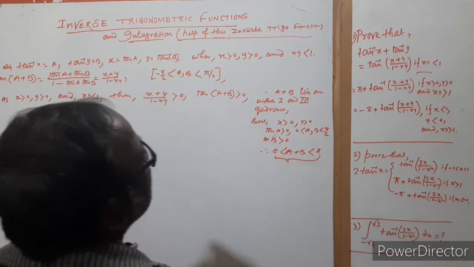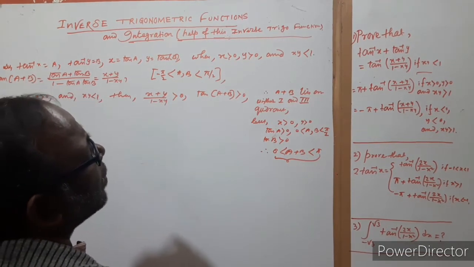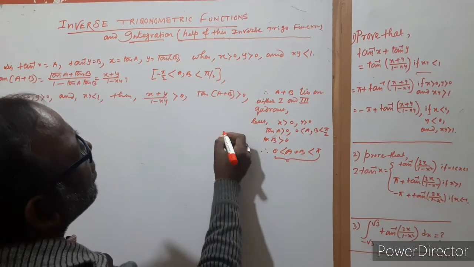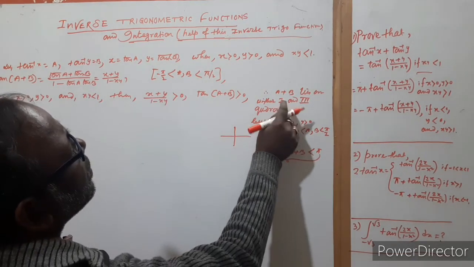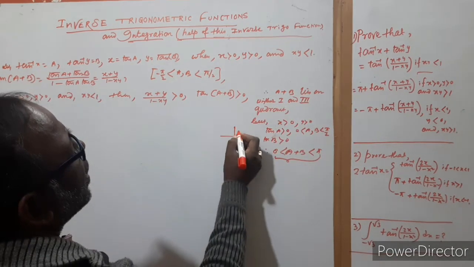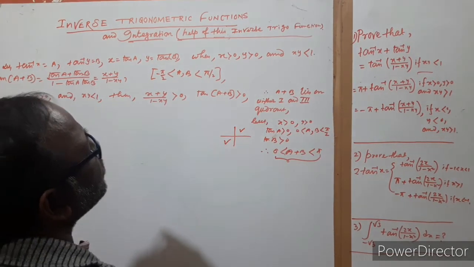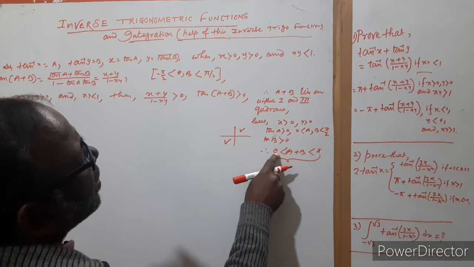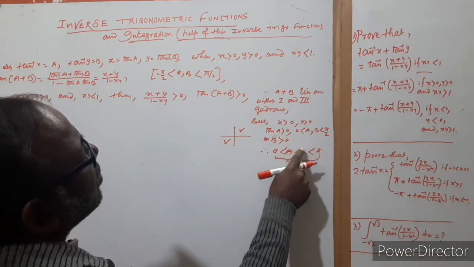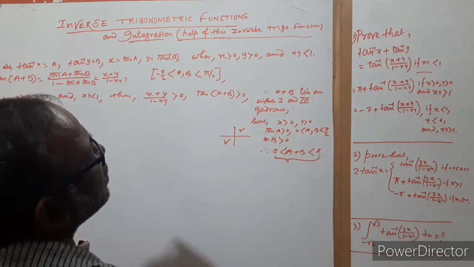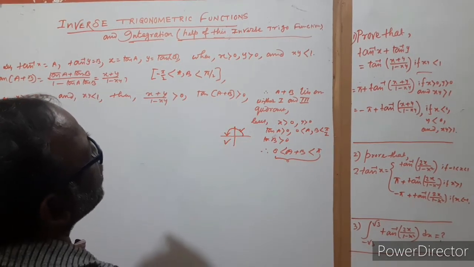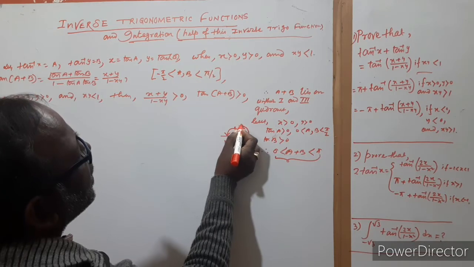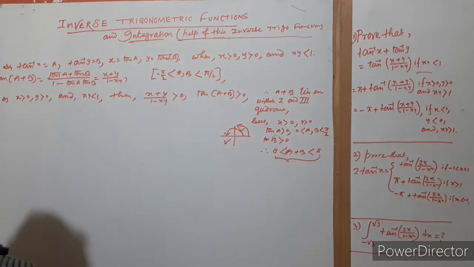But from that interval, we can see the region. We see that this lies on the first and third, and in that interval a plus b lies in 0 to pi. So it is lying exactly in 0 to 90 degrees, so it is exactly in the first quadrant.